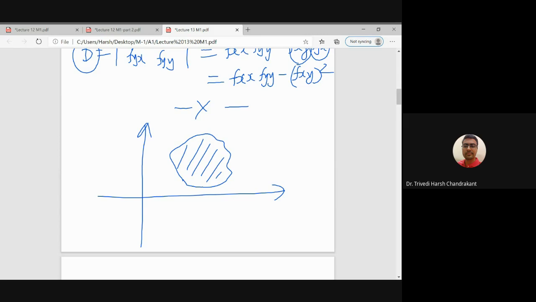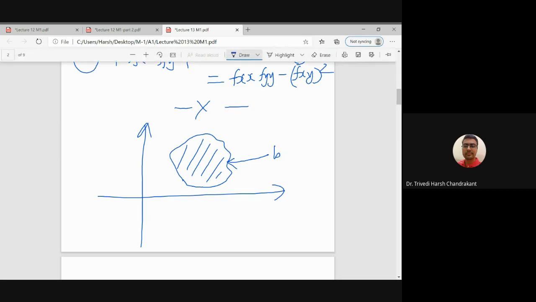So we need to evaluate the function at the boundary of the domain.